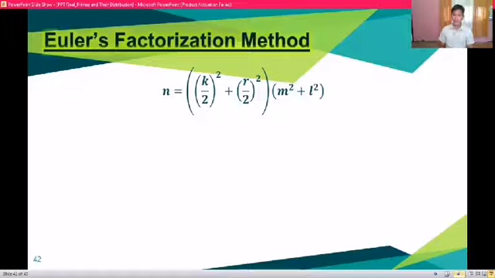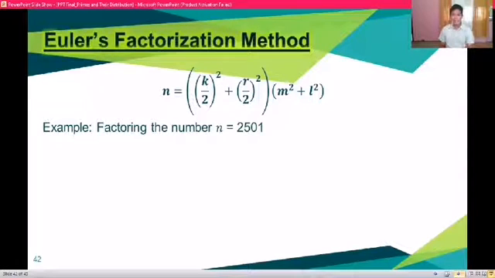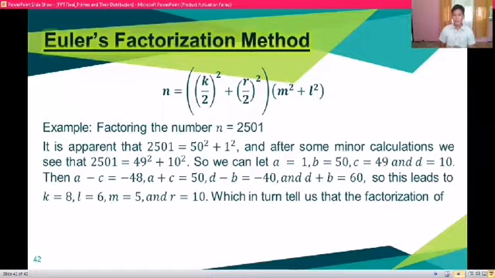Now let us do an example by factoring the number N equal to 2,501. It is apparent that 2,501 is equal to 50² + 1².